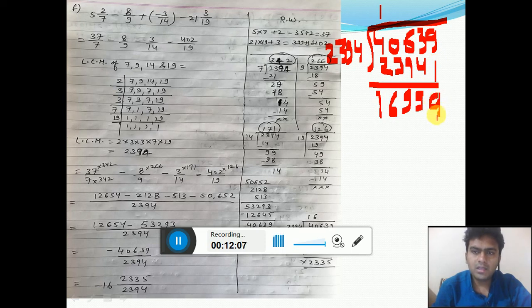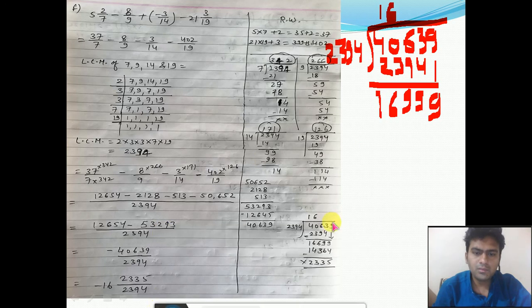Now we will read the table of 2394 up to only 6 times, because 6 2s are 12. 6 4s are 24. We'll write 4. Now 6 9s are 54. 54 plus 2 is 56. Carry over 5. 6 3s are 18. 18 and 5 is 23. Carry over 2. 6 2s are 12. 12 and 2 is 14.